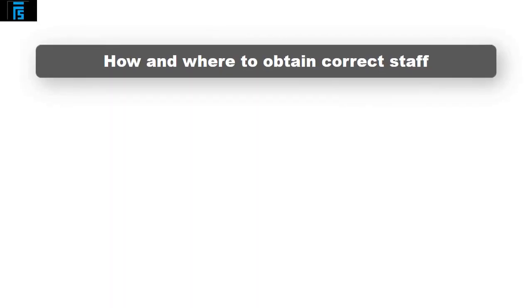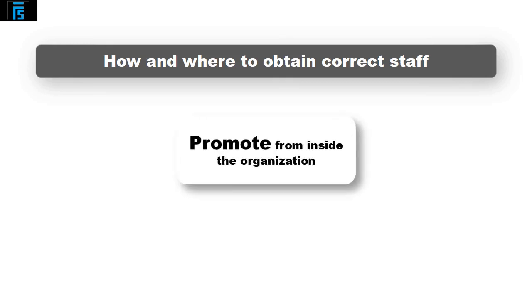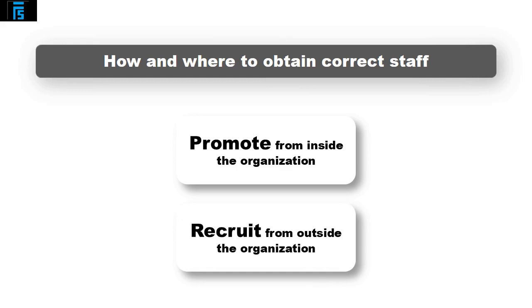So, where are these people going to come from? Well, we can promote from inside the organisation, we can recruit from outside the organisation. A lot of the things that we're going to talk about in this first chapter, I will refer to us recruiting people from outside the organisation.